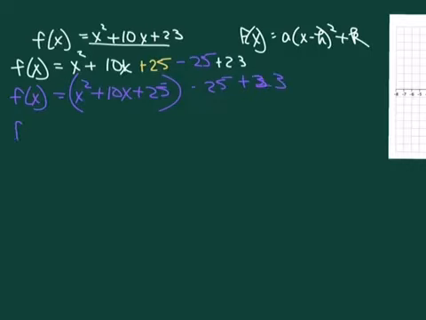Now, f of x equals the quantity x plus 5, squared, minus 2. That is starting to look like this, isn't it? In fact, it does look like that to a certain degree, except this has a plus and that has a minus, which we're going to change right now.